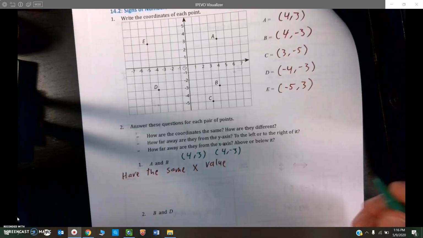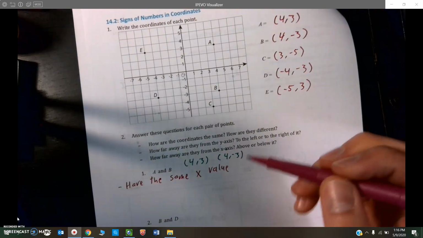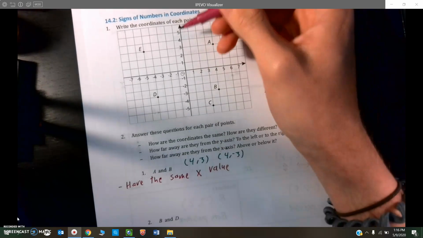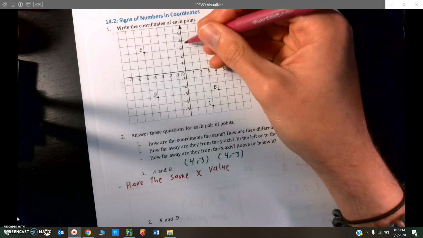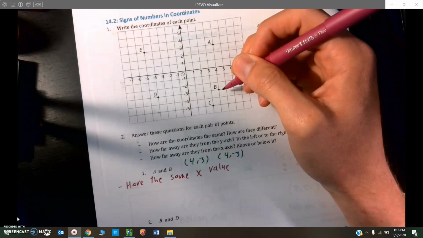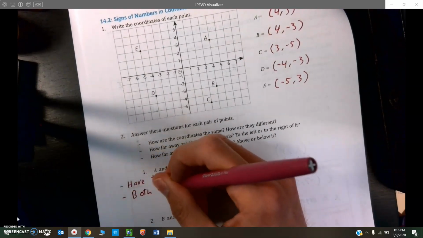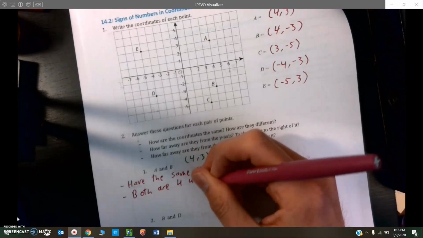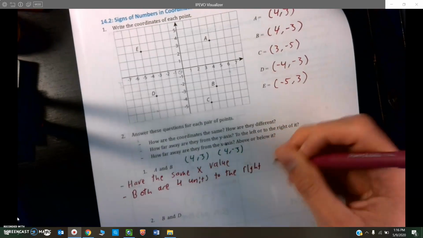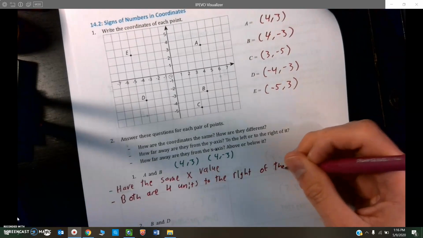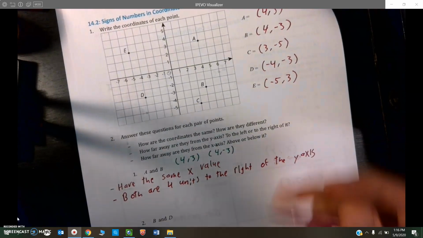So they both have the same x. And then how far away are they from the y-axis? So here is the y-axis. We can see that A is 4 units away and B is 4 units away. So both are 4 units to the right of the y-axis. And how far away are they from the x-axis?